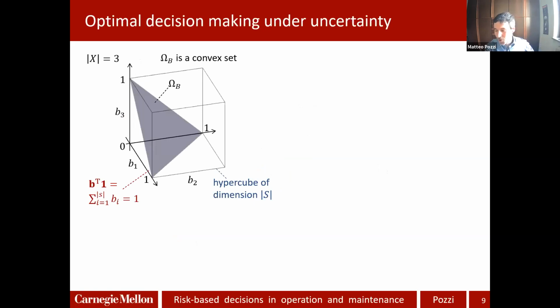The previous case was for a binary system with just two components, so your belief is defined just by one number, say the probability of failure. If you have a three-state system, instead of being a segment, the domain of beliefs would be this triangle.